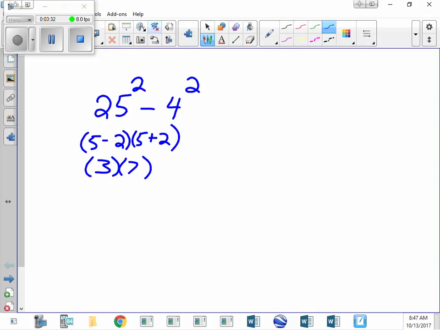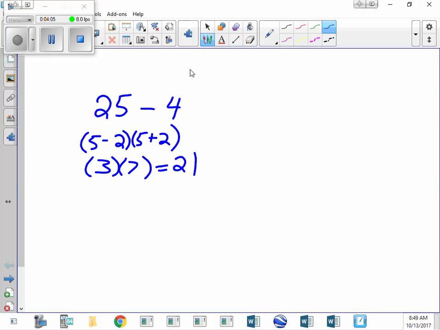So the answer is 21. That seems a little low, doesn't it? Yep, I made a mistake. Getting rid of the squares. I don't need the squares. There we go. So 25 minus 4 is 21, but if we factor it, we get 5 minus 2 and 5 plus 2. 3 times 7 is 21.